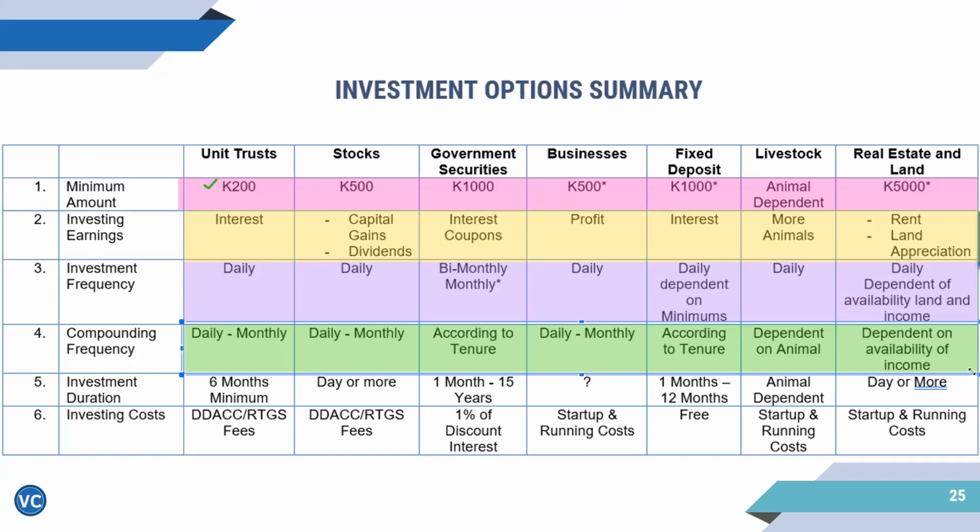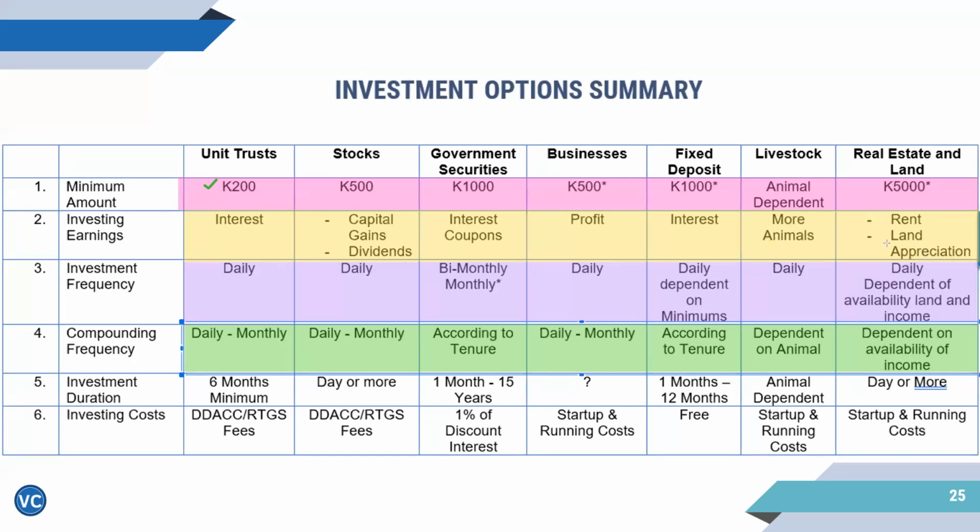For government securities, actually, I meant to write 3 months, not 1 month. You are going to have to wait that entire duration or sell your stuff on the secondary market. Businesses, as and when you manage to succeed with your business and so on and so forth.